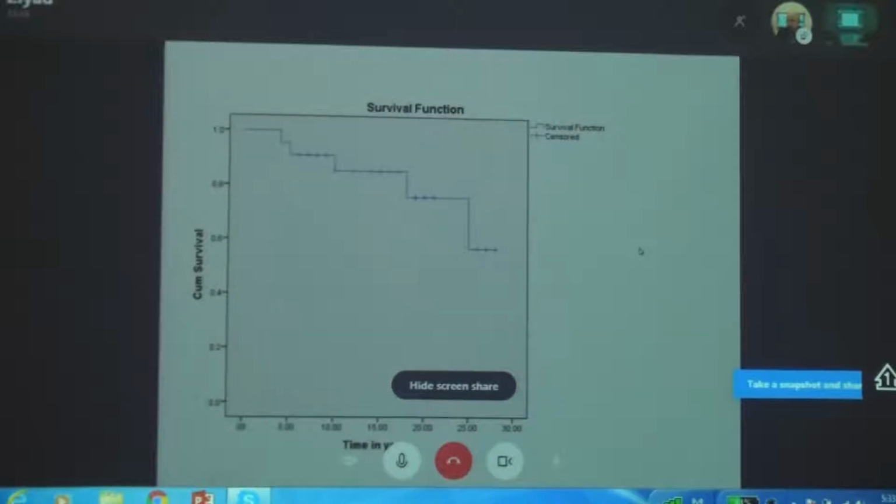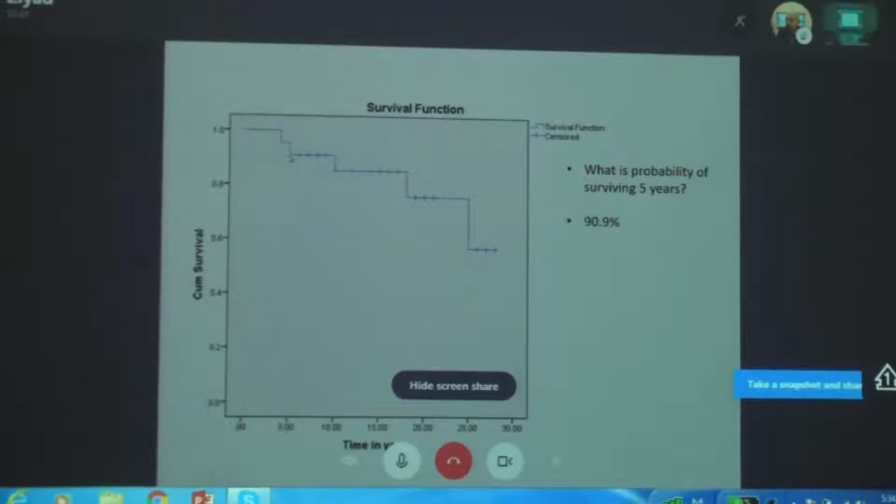According to this, what would be the probability of surviving about 5 years? We can use the Kaplan-Meier curve to get 5-year, 10-year, or 20-year survival probabilities. For 5-year survival, we take 5 years from the bottom, go up, and estimate that number.